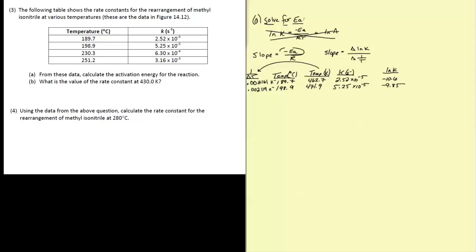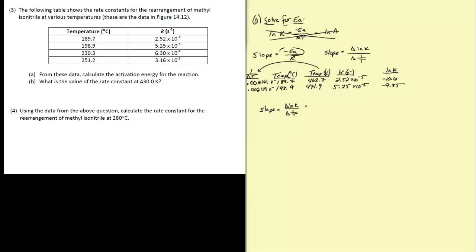Now changes are always final values minus initial values. So in this case, I would take the lower of the 2 values on the data table that I gave to you and treat it as the final.